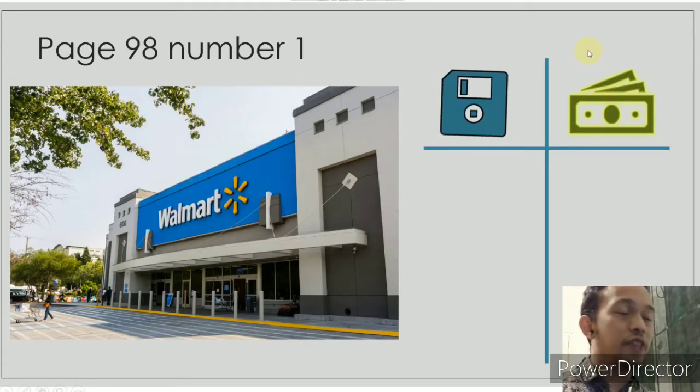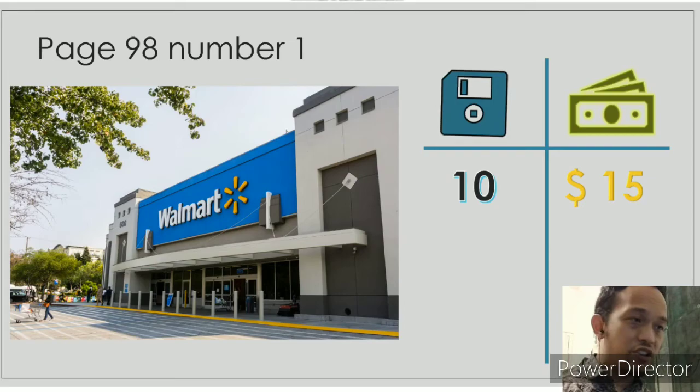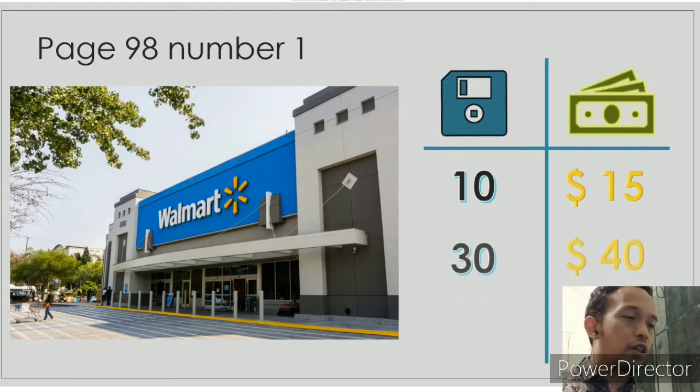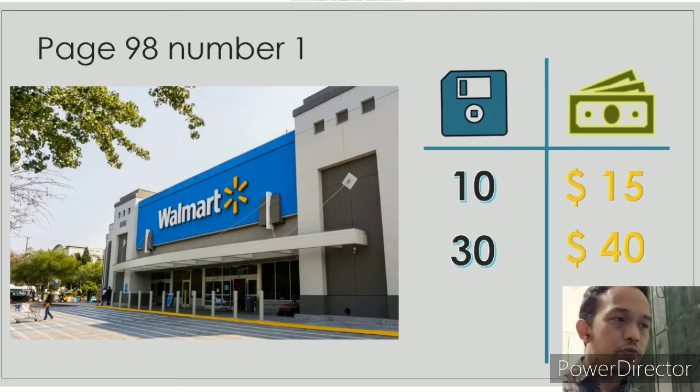It means the money itself is the dependent variable, and the floppy disk will be the independent variable. Let's find out what data they give. When the store sells 10 floppy disks, they earn $15, and they sell 30 for $40.